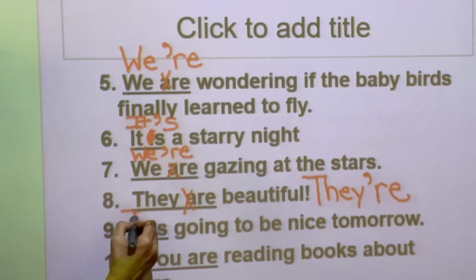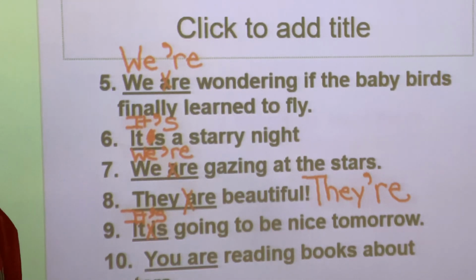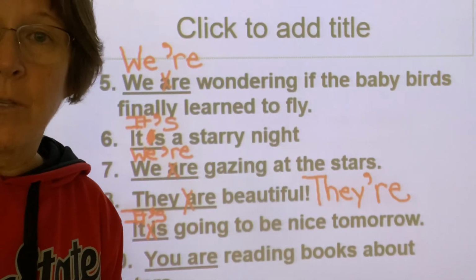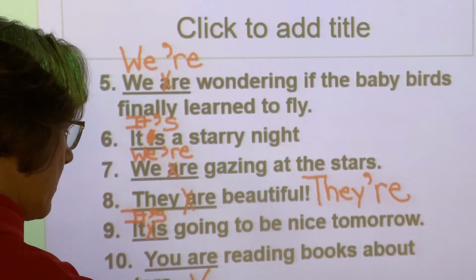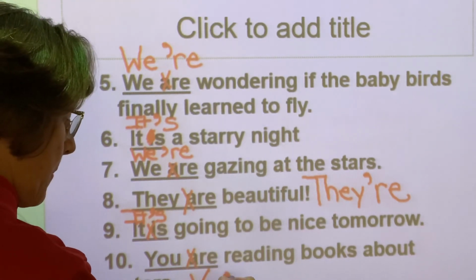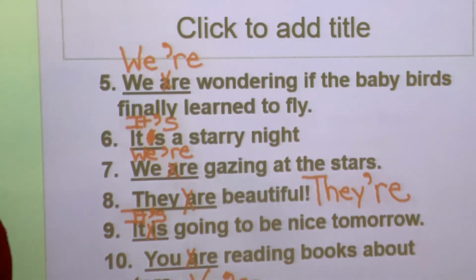Keep the word it, get rid of the I, put an apostrophe, and add the S. It's. You are reading books about stars. You and are together. Keep you, get rid of that vowel A, put an apostrophe in its place, and then R-E, you're.